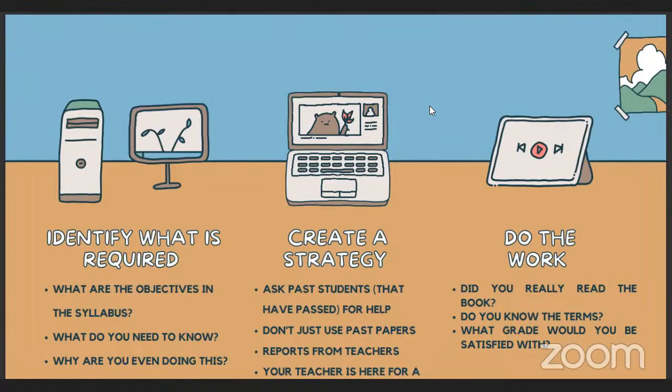But if you really and truly don't want to do anything, you're just doing it because you have to, talk to somebody who passed through it just like you are doing. So it all depends on, firstly, what is required, what's the goal, and then from there you can create a strategy. Now, let's talk about the second point here, which says don't just use past papers. A lot of persons emphasize the use of it.